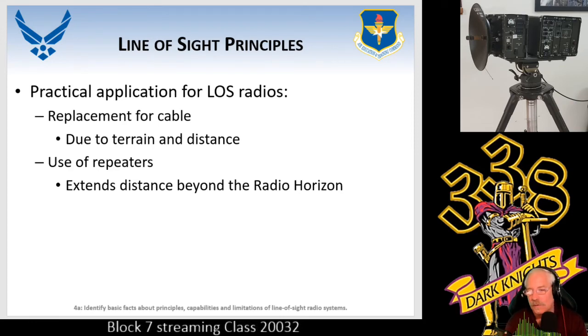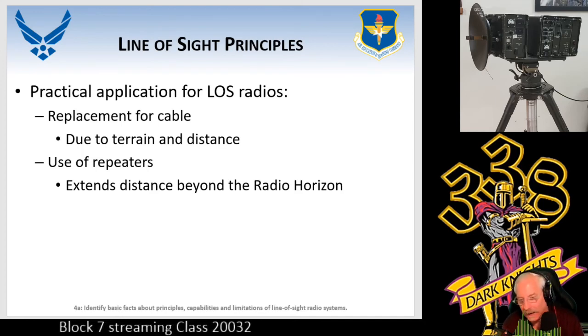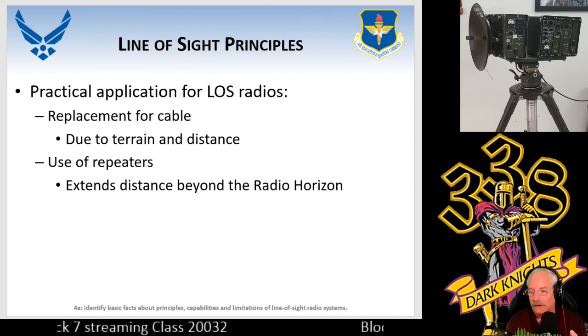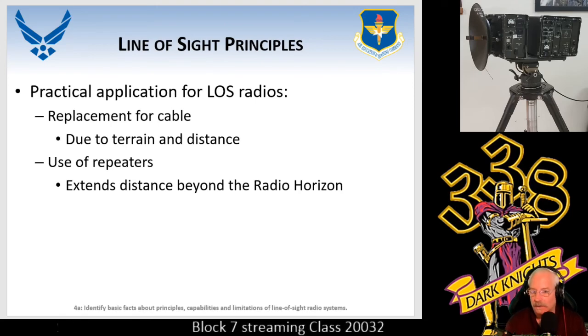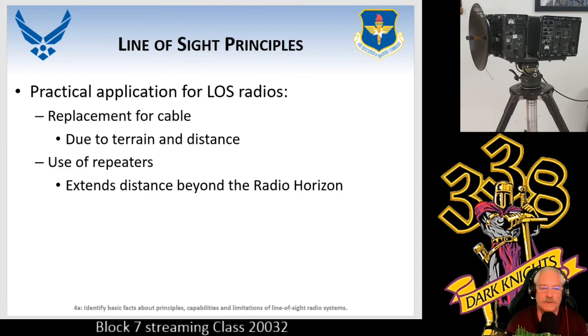In our case, we're going to use a Yagi antenna to get to the top of the hill or mountain, and then the other part's going to relay it back down to the other side of the hill. So terrain, distance, how far is my radio going to go? Repeaters are going to extend that distance too. Let's say that my equipment can only go 20 miles out and I need to go 40 miles. Now I need a repeater. So these are practical applications for line-of-sight radios and when a repeater comes into play.